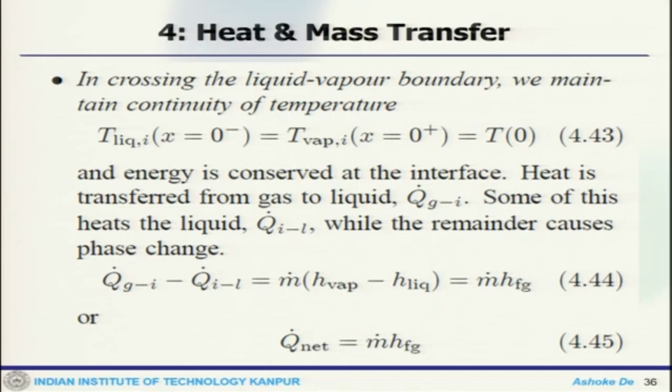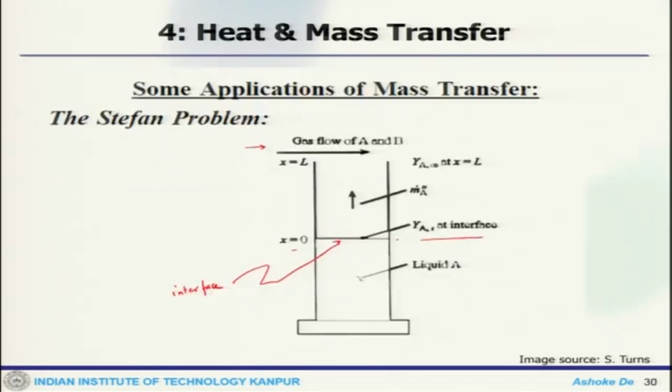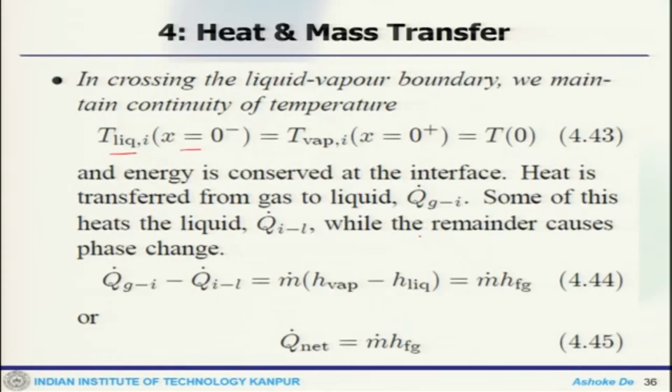Now, in crossing the liquid vapor boundary, we look at the continuity of the temperature. So, the temperature of the liquid at x equals 0 minus would be the temperature of the vapor at 0 plus, which is T 0. This is what we get, and also at that interface point, energy is conserved. So, this is the interface, this is vapor, this is liquid.